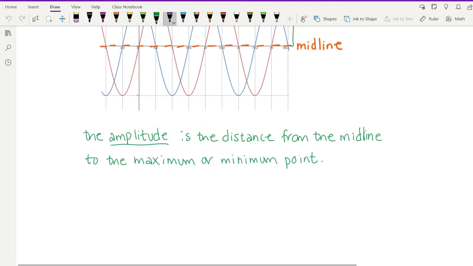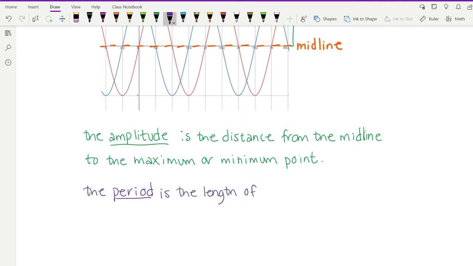And then the last thing, and we've already defined this before, but I'll just write it down again, is that the period is the length of one full cycle.